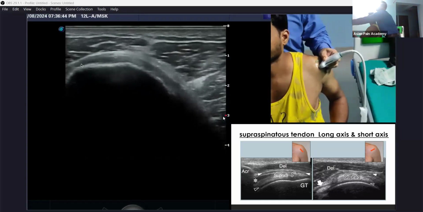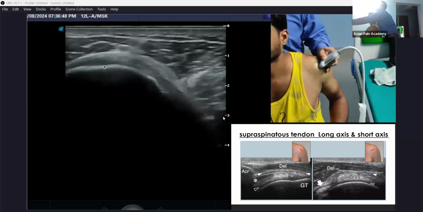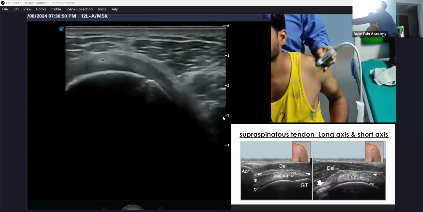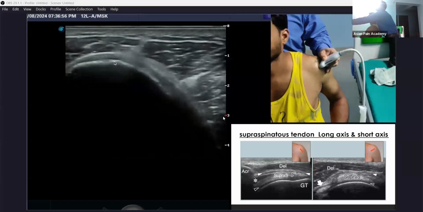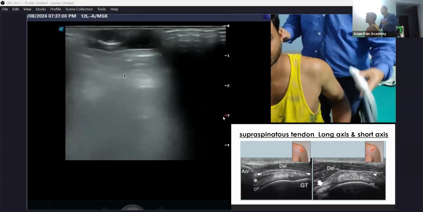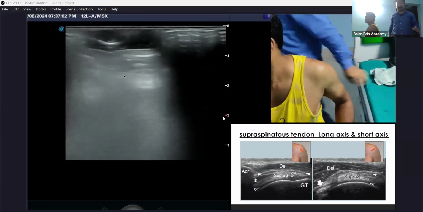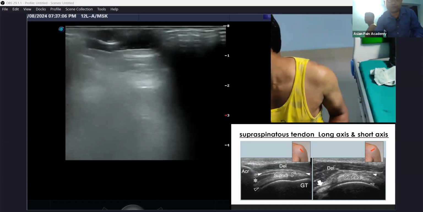This part is the supraspinatus tendon. So this is the tendon and this is joint. Okay, but then in longitudinal view only, you can see the supraspinatus in a better way.